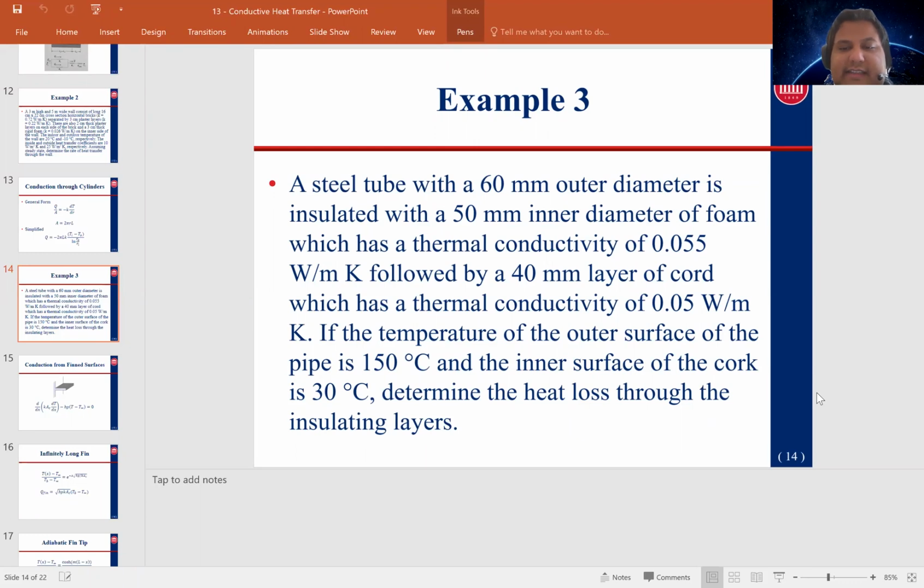The question then asks if the temperature on the outer surface is 150 degrees and the temperature of the inner surface of the cork is 30 degrees, what is the heat loss through the insulating layers?